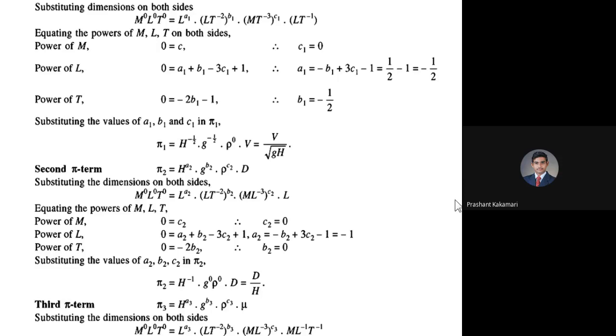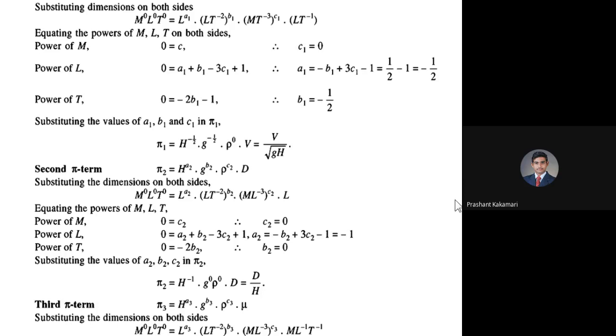So V divided by square root of GH. This is the equation which relates the pi 1 term: pi 1 is V by square root of GH. Until now we found the pi 1. Similarly, we are going to find the pi 2 and pi 3 terms.